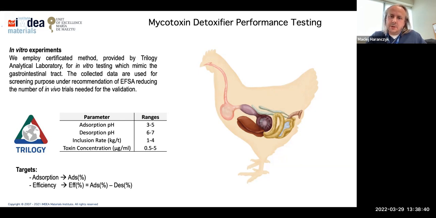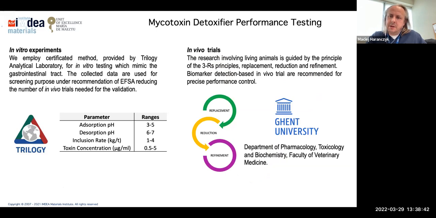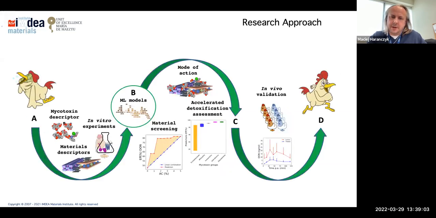And we can also do in vivo trials using live animals, but we try to limit those in the spirit of the 3R principle that aims to replace, reduce, and refine experiments, so we cause little harm to animals. So to summarize, this is the pipeline we are thinking about to test. We want to build a model that will work with different mycotoxins, so we want to include mycotoxin descriptors, molecular descriptors.